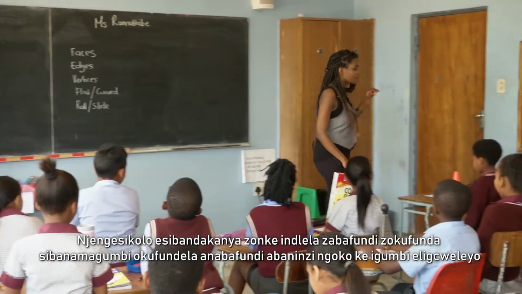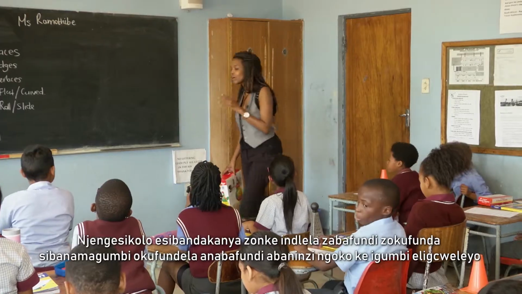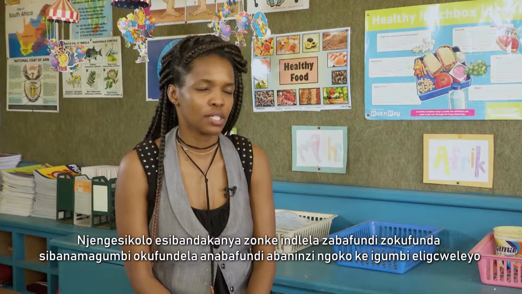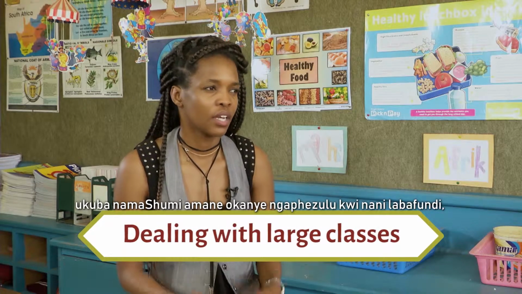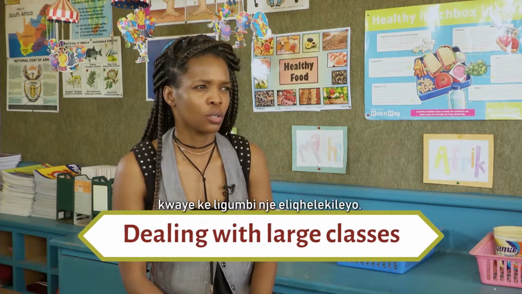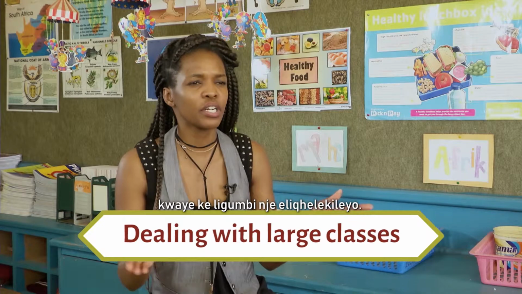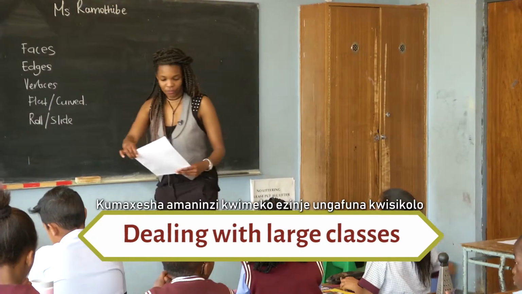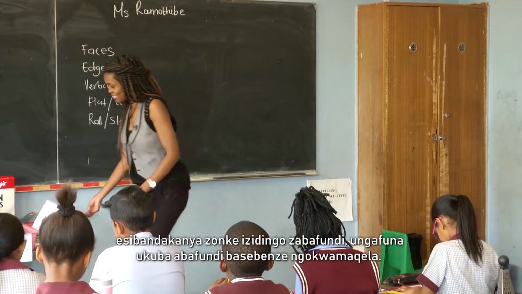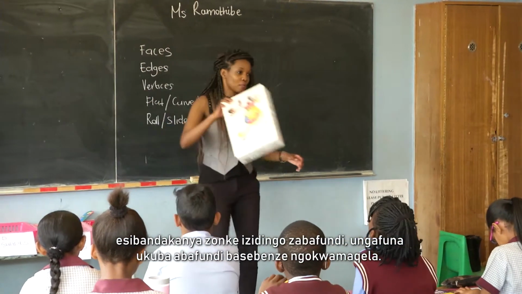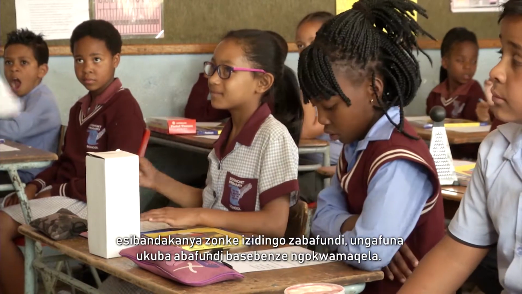Being the inclusive school that we are, we usually have big classes. So a full class would be over 40 learners. And so it's a pretty standard class. In circumstances like this, in an inclusive school, you'd want to group learners so that they can work in groups.